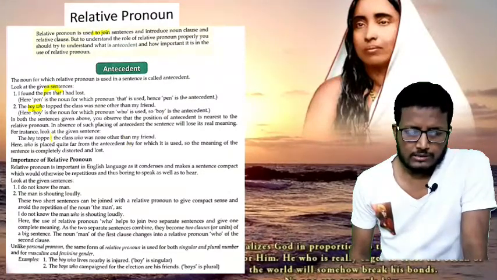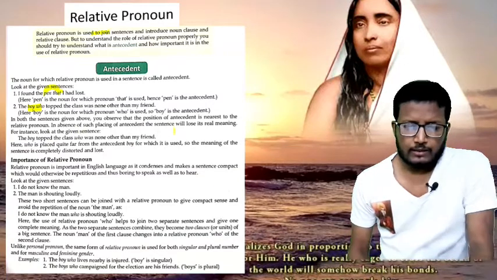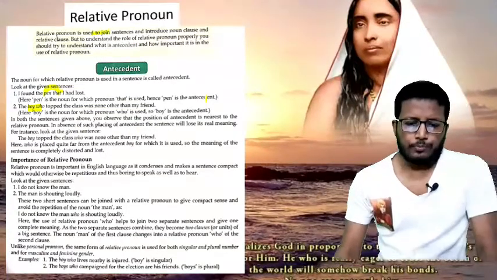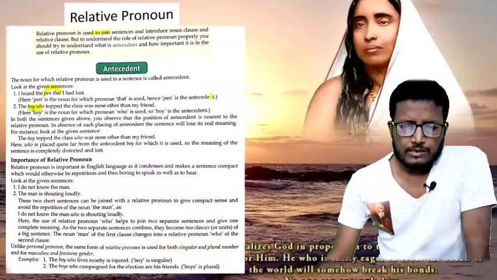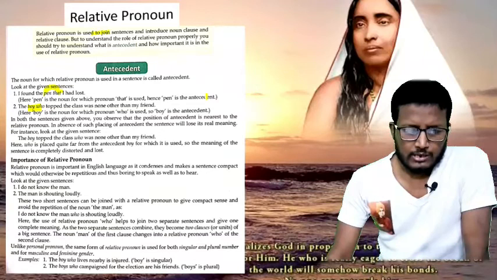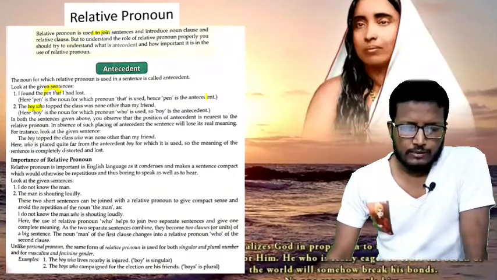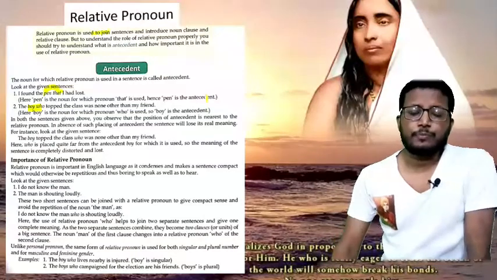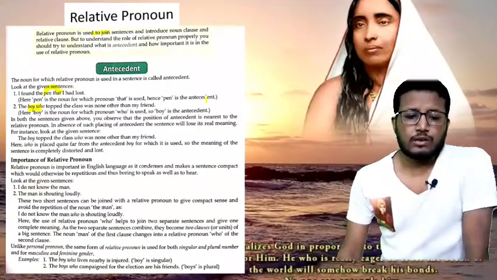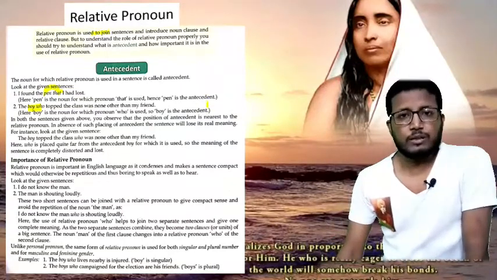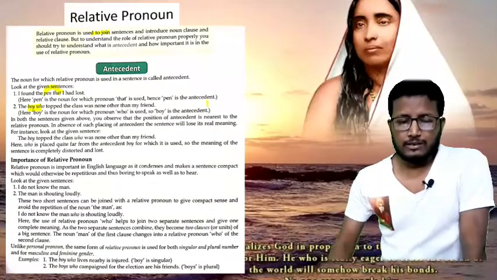In both the sentences given above, you observe that the position of the antecedent is nearest to the relative pronoun. In the absence of such placing of the antecedent, the sentence will lose its real meaning. For instance, look at the given sentences. If in the first example the word pen is not there, or the word boy is not there, then also there will be meaning, but the meaning will be incomplete and a little different.